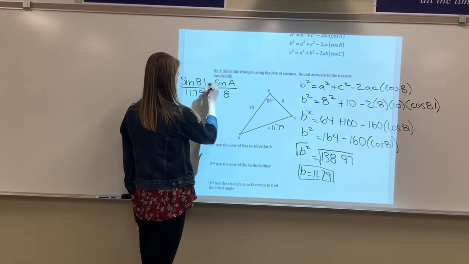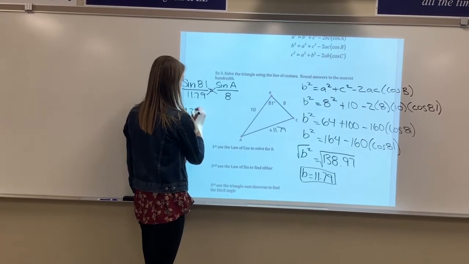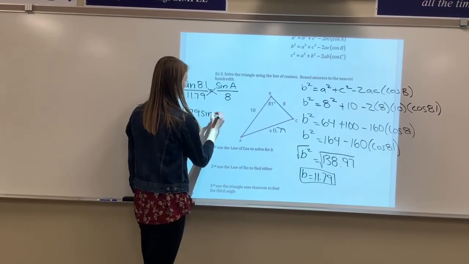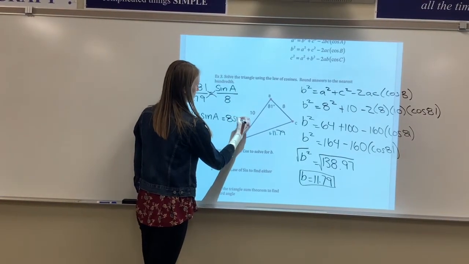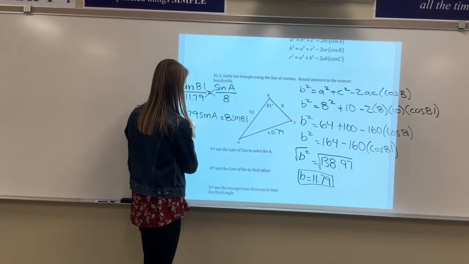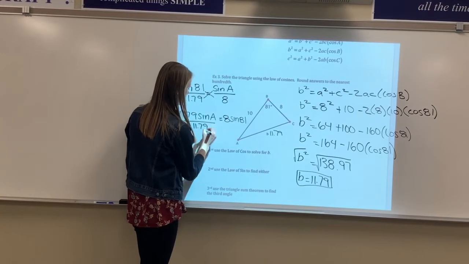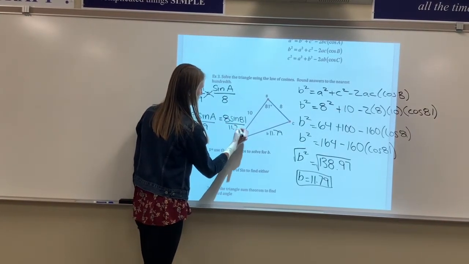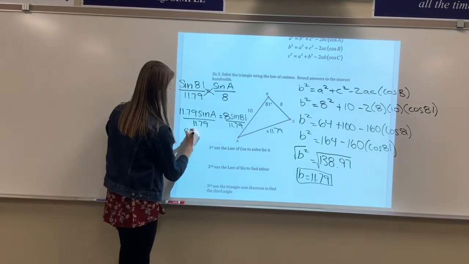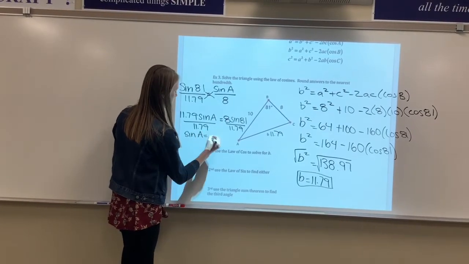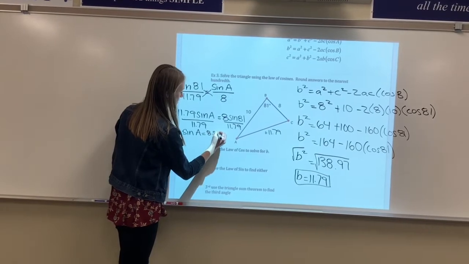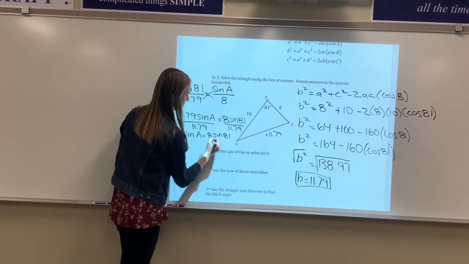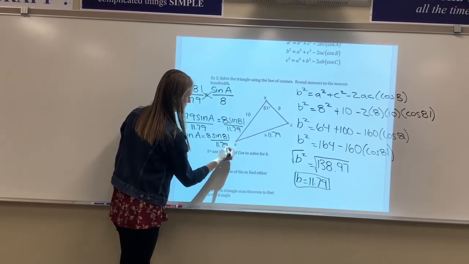So 11.79 times sine A equals 8 times sine 81. Then divide both sides by 11.79. You get sine A equals 8 times sine 81 over 11.79.